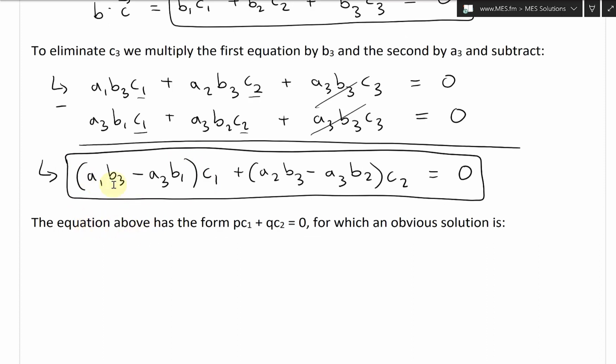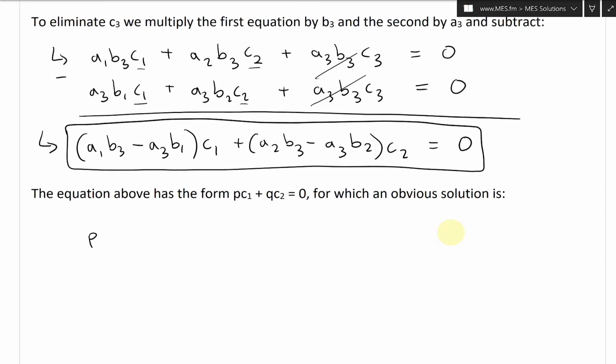The equation above has the form P, we'll call this P, times C1 plus Q, the one in the bracket, times C2 equals 0, for which an obvious solution is, let's write this down so it's easier to solve: P C1 plus Q C2 equals 0. We have to cancel this out.